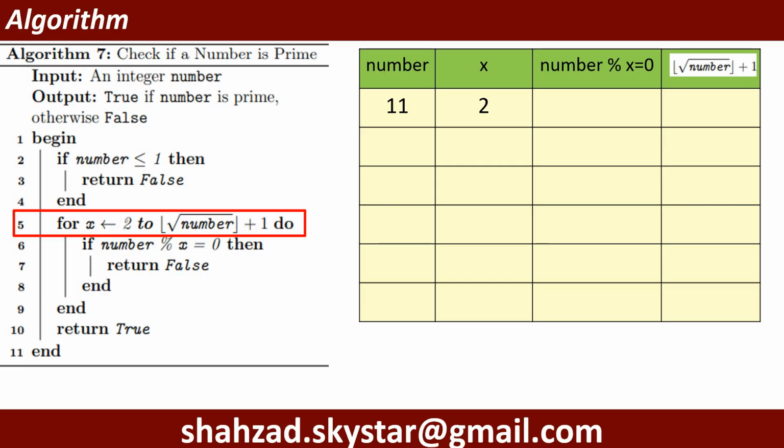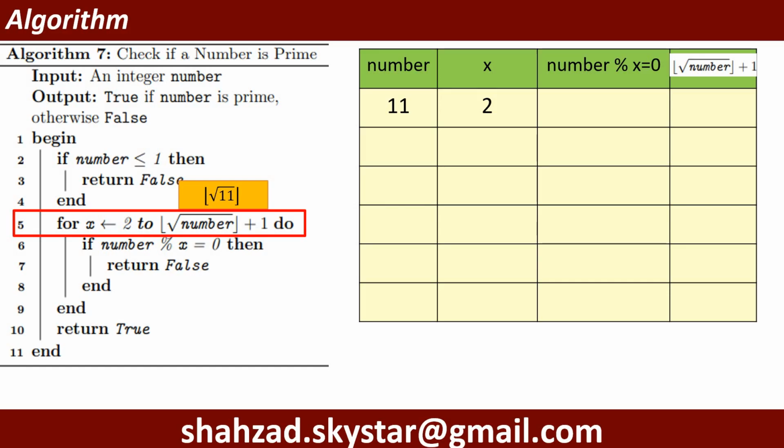For x equal to 2, the value of x will be 2. It will start from x equal to 2 to square root of number floor plus 1. How will we solve this one? Suppose number is 11.